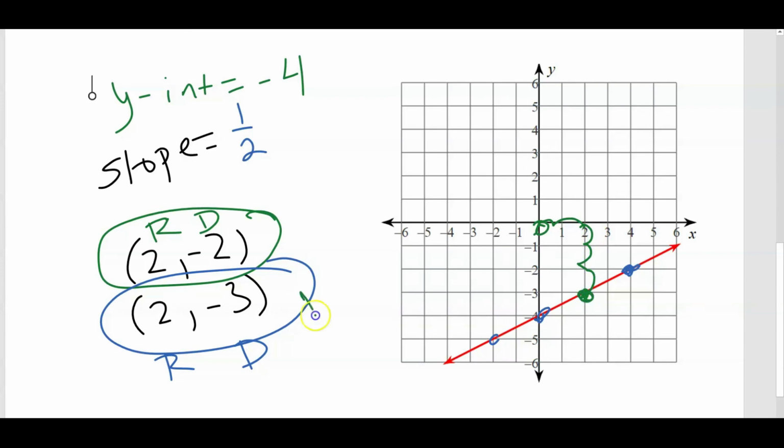So this one is a solution to that equation, and this one is not because it's not on that line. When we ask you to select everything that's a solution, you would only pick the points that are on the line of that equation.